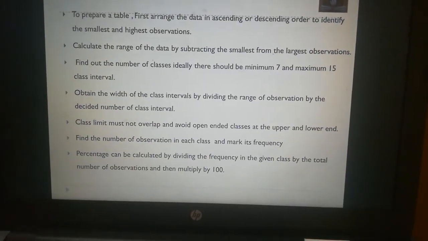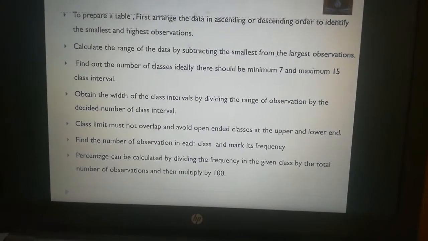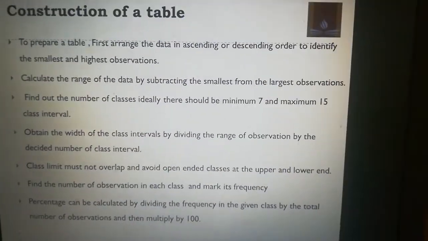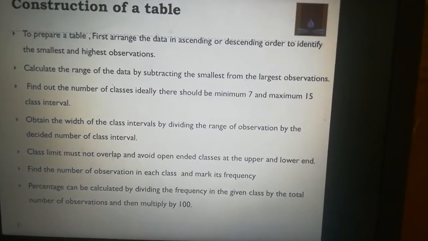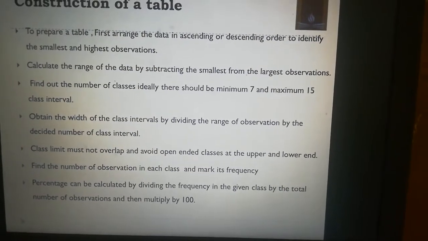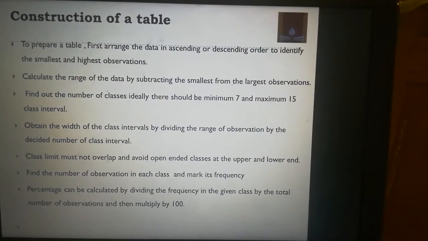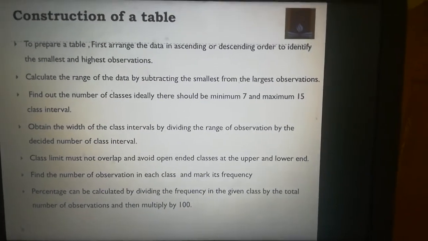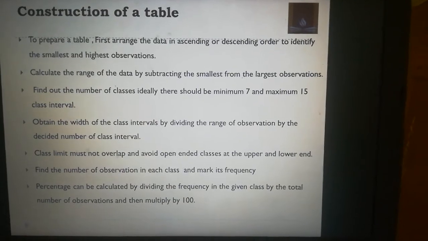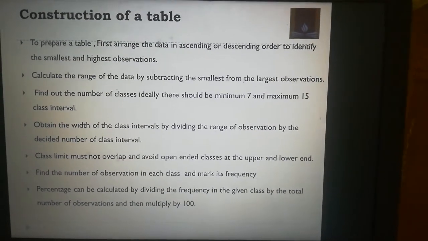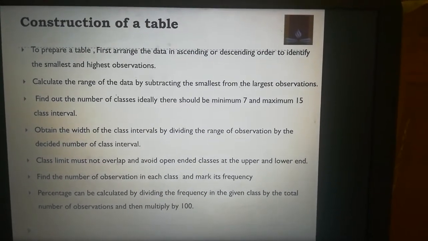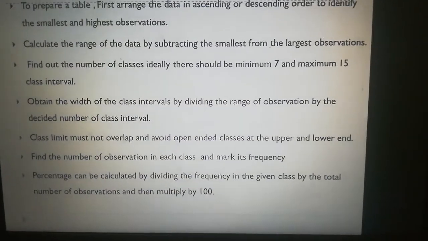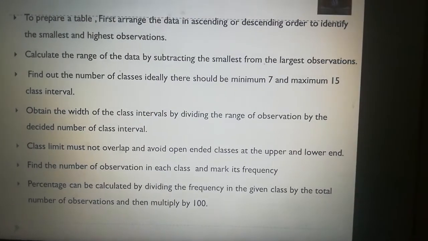Next, after the calculation of the range of data, we need to find out the number of classes. An ideal table should have a minimum of 7 or a maximum of 15 class intervals.